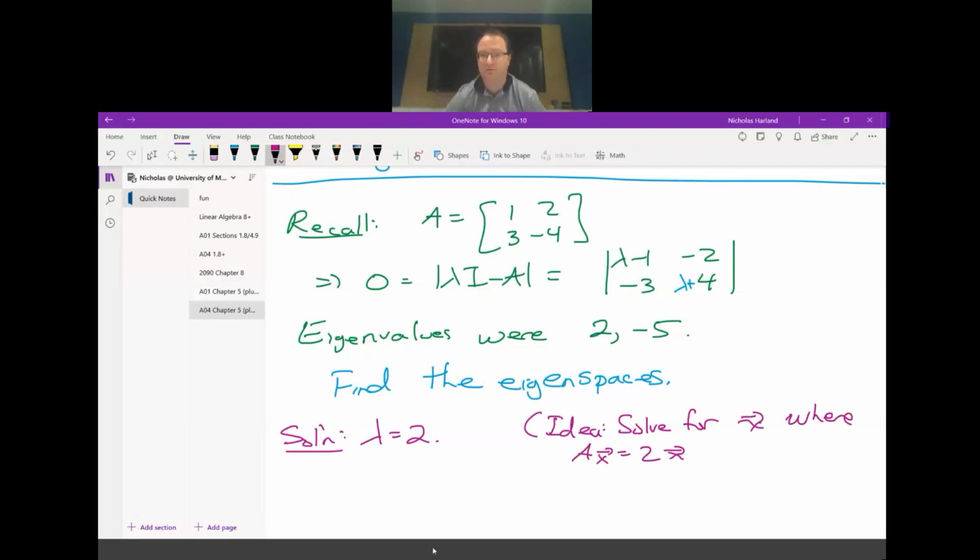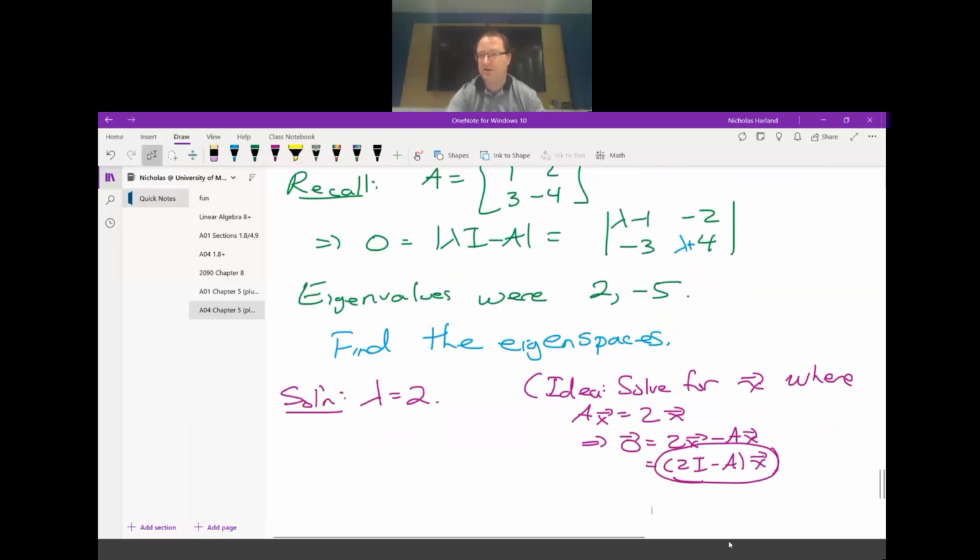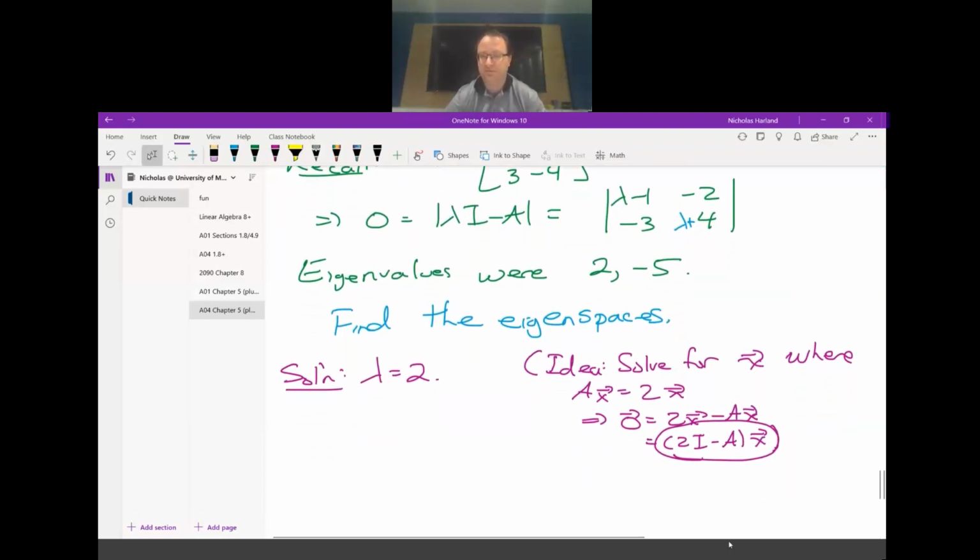We found the 2, now we want to find the x. That's the same thing as solving for where 0 is equal to 2x minus Ax, which is 2I minus A times x. So we're trying to solve this particular equation. How can we do that? How can we solve for matrix times x equals 0?